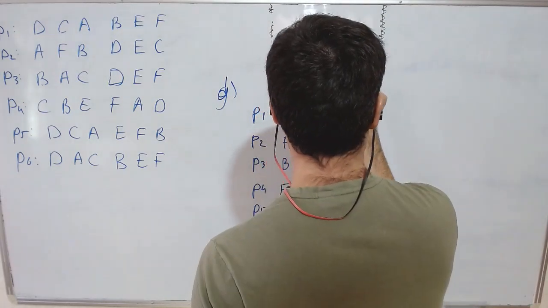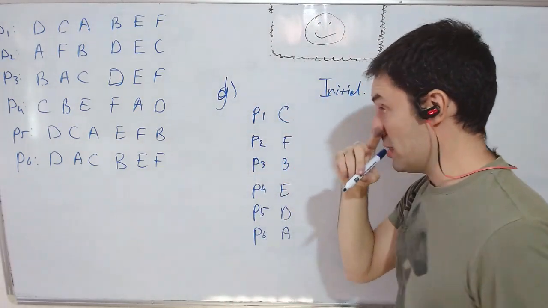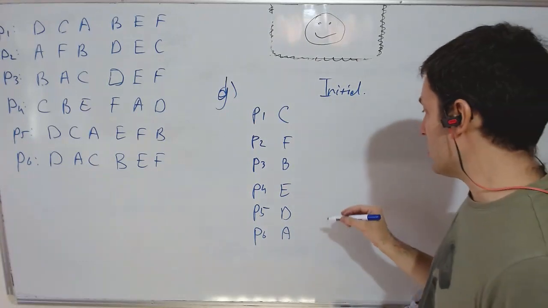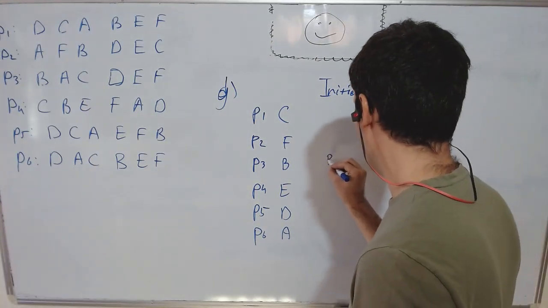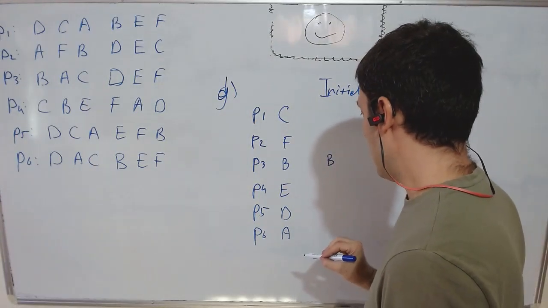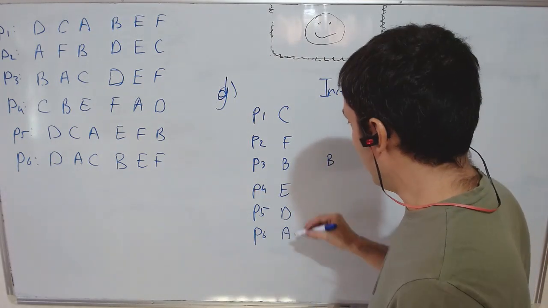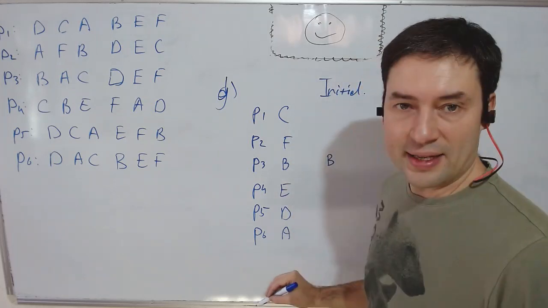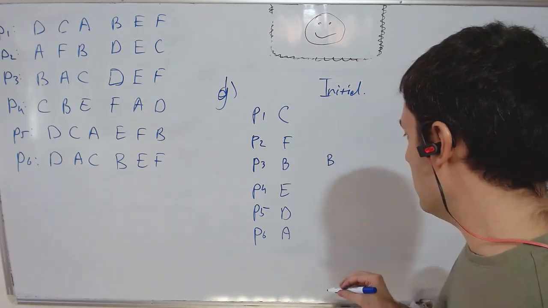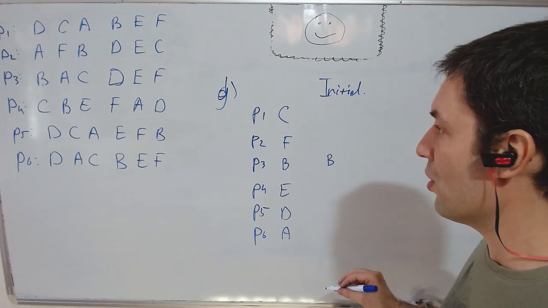I would actually start with people who end up in their first choices and try to give them their houses. So let's put person 3 in house B. Actually, an even easier thing to try is to put everyone exactly where they need to end up. But let's see whether it actually works.